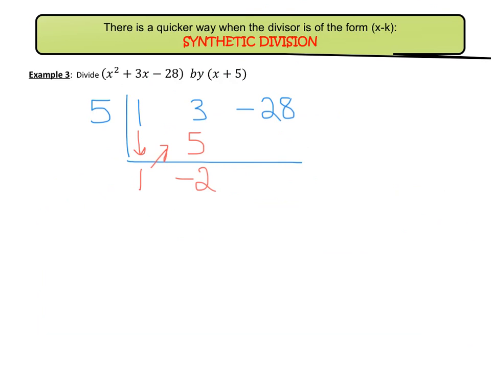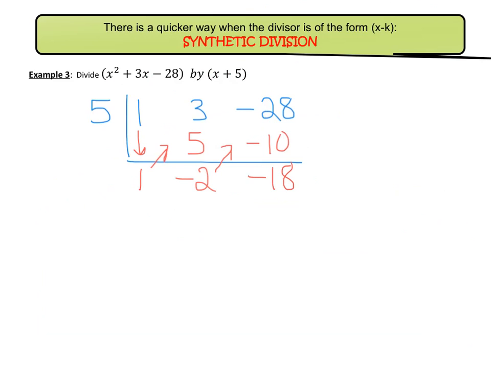Negative 2 times 5 is going to give us negative 10. And then we're going to subtract. We're going to have to just be careful when we have negatives. So we have negative 28 minus negative 10, which is negative 28 plus 10, which gives us negative 18.